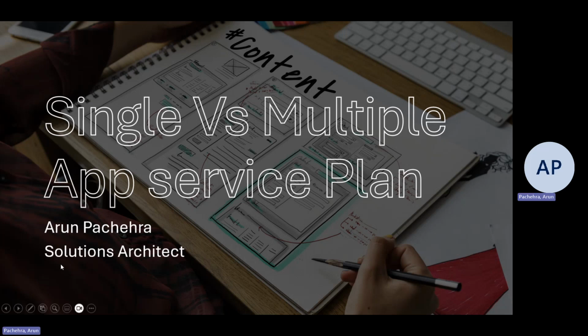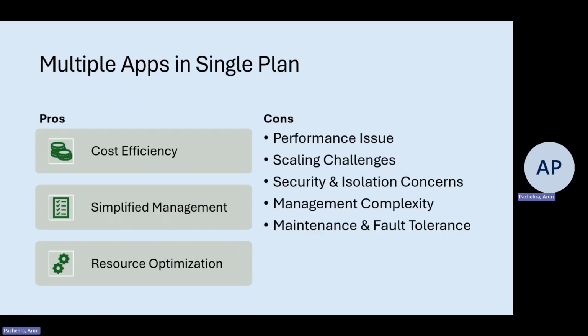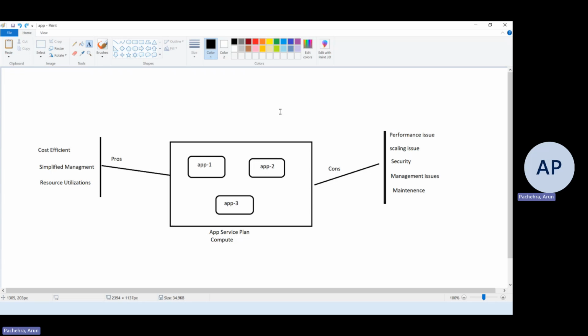So let's get started. So multiple apps in a single app service plan. Here we see the pros and the cons. So let's start with the pros. What are the pros? If you see, I prepared something right here. This is your app service plan compute, and we are running multiple applications here.